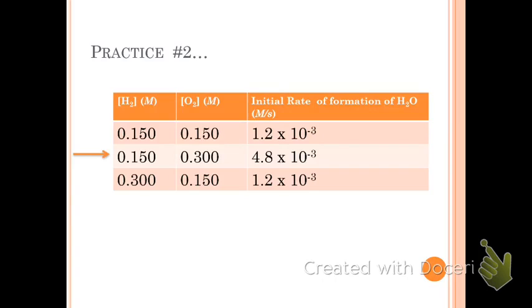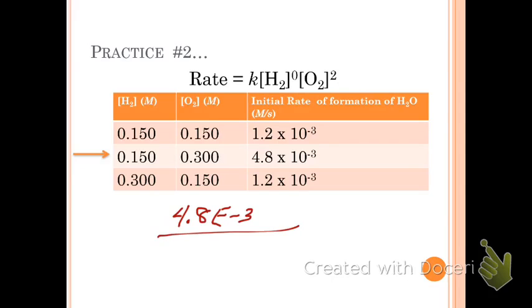Once again, if I set this up using the rate law as my guide, I'm going to put the rate, which is 4.8 e to the negative 3, divided by my concentration of H, which is 0.150 to the 0 power. You can already tell what I'm going to do with that, right? And then my concentration of oxygen, which is 0.300 to the second power.